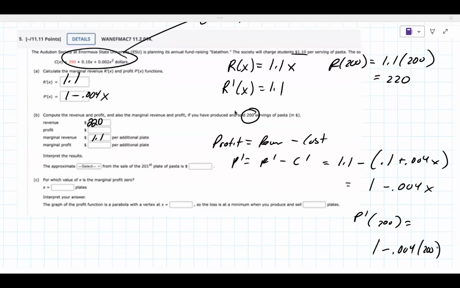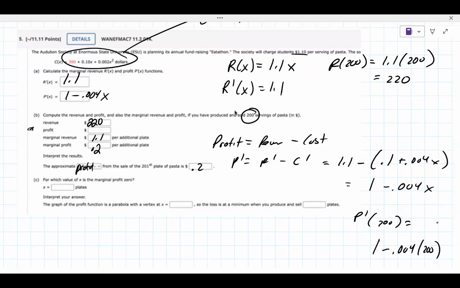Yes, 0.2, and that's the marginal profit. The actual profit, we have to go back and do that. But let's fill in some of these other ones here. So the approximate profit is 0.2. It's positive, so we know it's a profit.